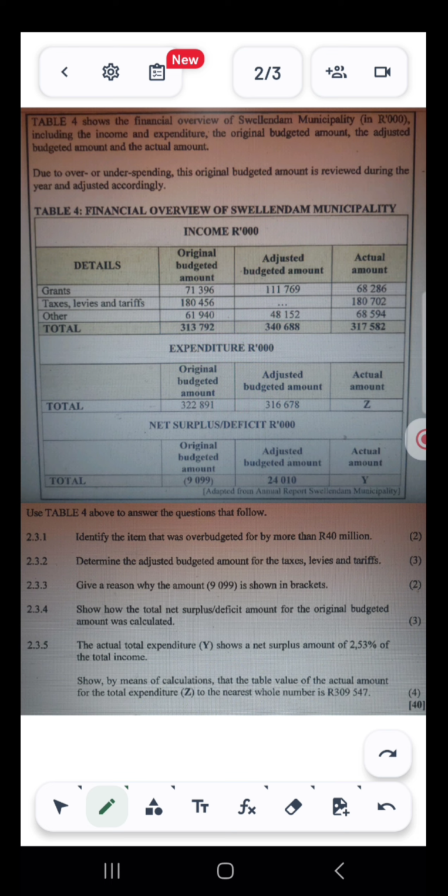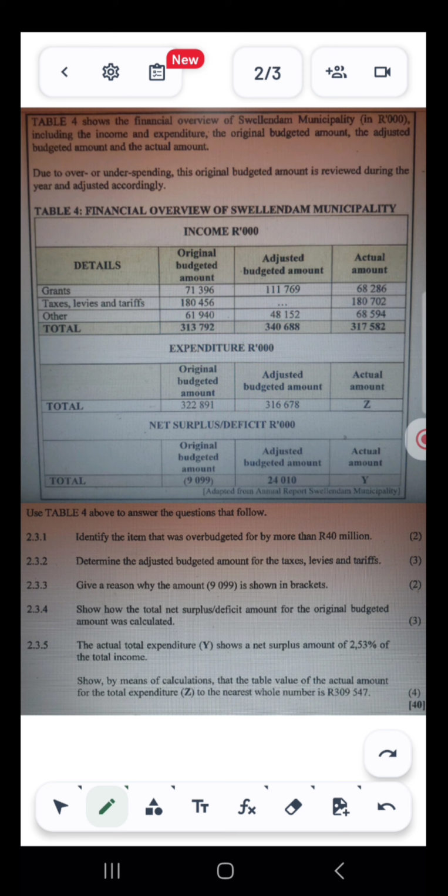Okay, now let's look at the budget. Table 4, financial overview of Solendam municipality. Income, and they have put R'000, right? Guys, they put the 000 there for a reason. It is a grouping of tens, units and hundreds, meaning what it adds at the end, right?